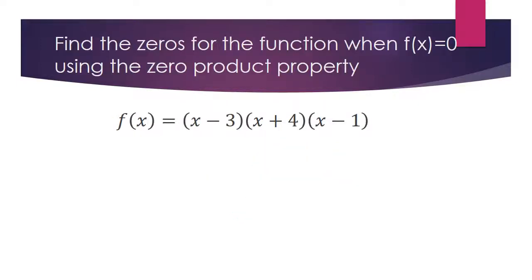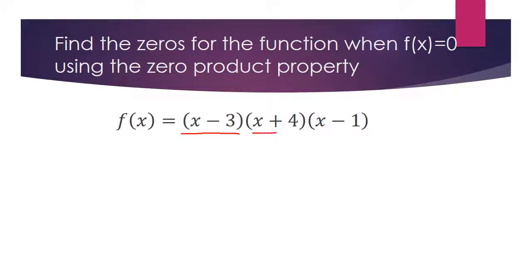We talked about the zero product property before when we talked about the quadratic, and we said we can identify the zeros or the x-intercepts by factoring the quadratic and using the zero product property to find those zeros. The same thing can happen with the cube function. When you factor the cube function, you'll end up with factors.